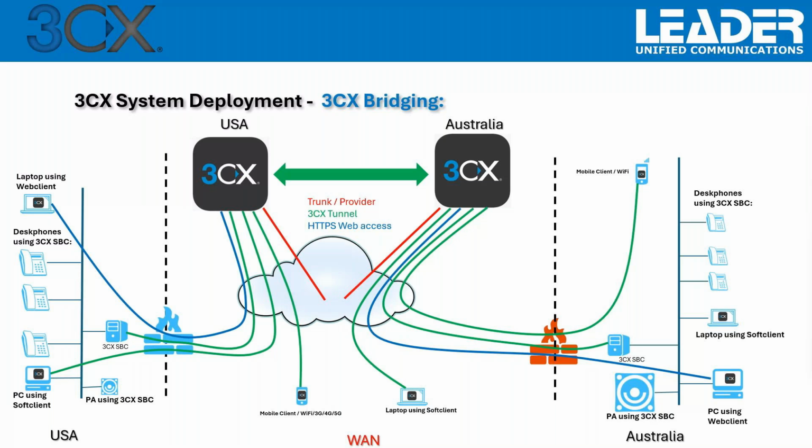And all we do there, quickly taking my pen, is we bridge them together. We create the bridge between the two phone systems, with the result that we literally can call internally from here in Australia to over here to the States.